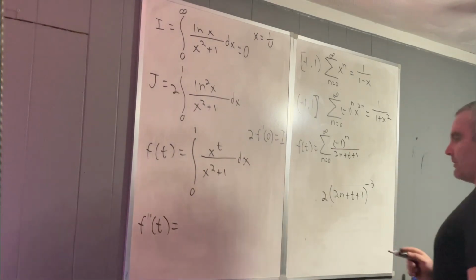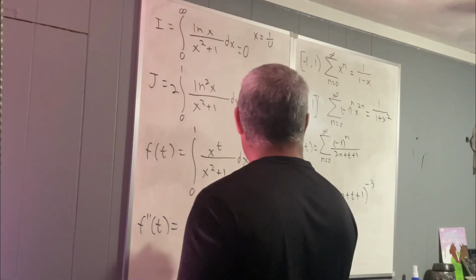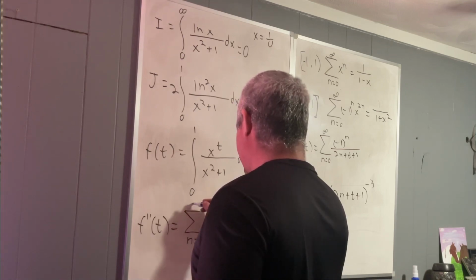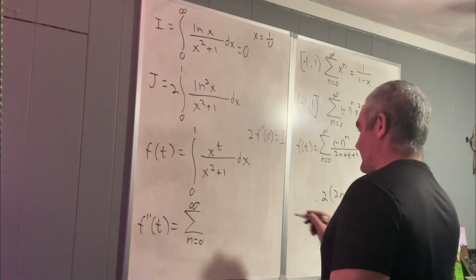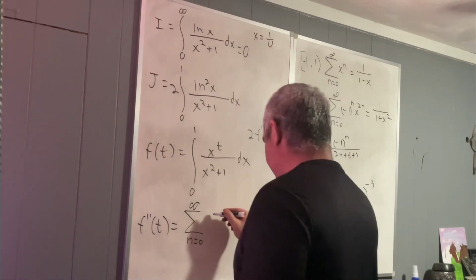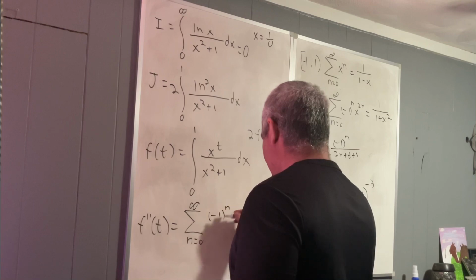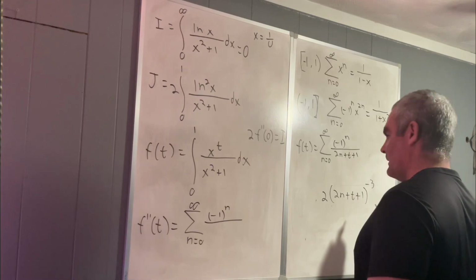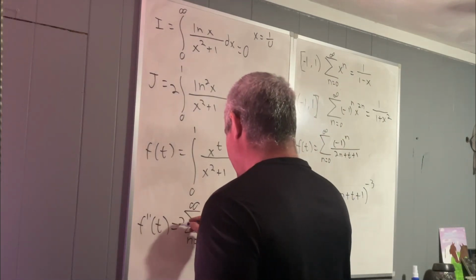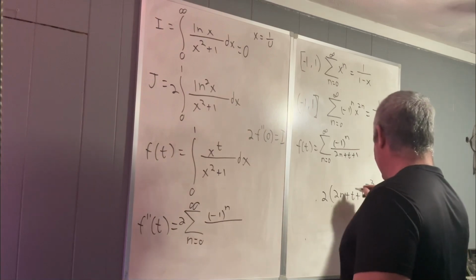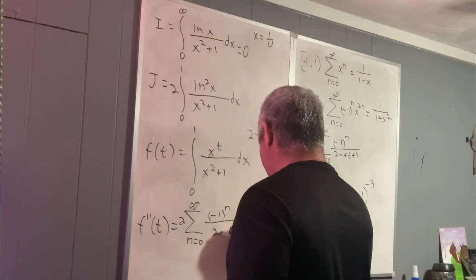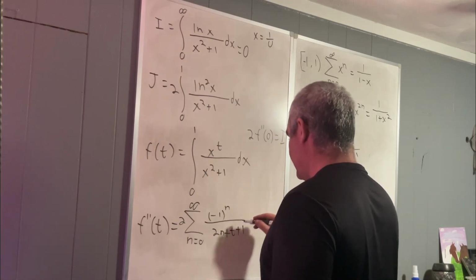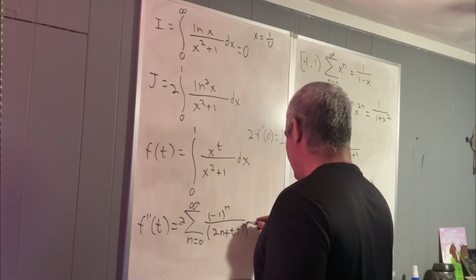So now we know that our f double prime of t is equal to the sum from n equals 0 to infinity of, let's see, we can't forget about this part. We still definitely have the -1 to the n, but then that's going to be over 2 times this cubed, that's 2n plus t plus 1 all cubed.